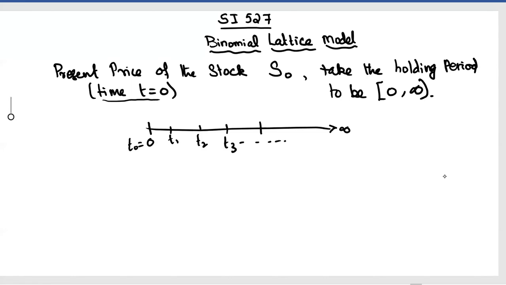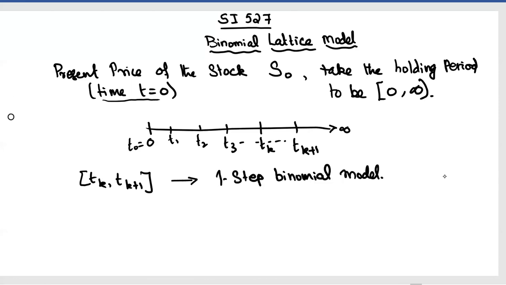So we take a typical interval tk to tk plus 1 and we will first build the one-step binomial lattice model. We will take tk to tk plus 1 and build a one-step binomial model for any k equal to 0, 1, 2 and so on. And then we will see how to build a multi-level binomial model.